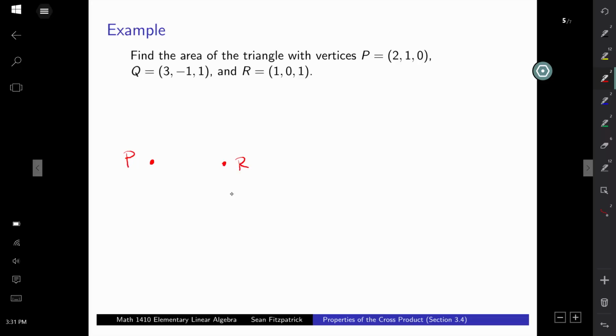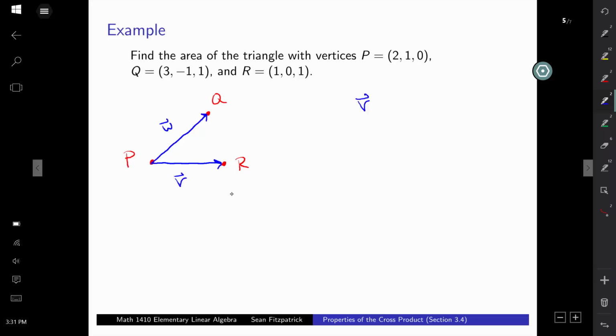I don't have to necessarily plot these points according to the coordinates that are given. I just need to draw a picture that has 3 points in it. So let me draw those three points, P, Q, R. And let me construct two vectors, V and W. So what are V and W?